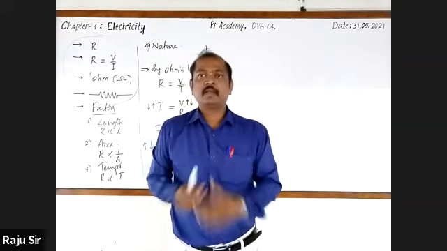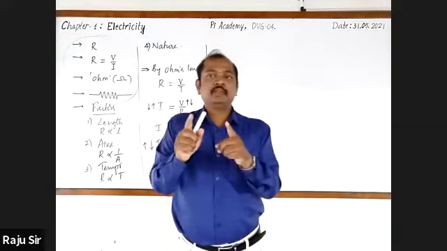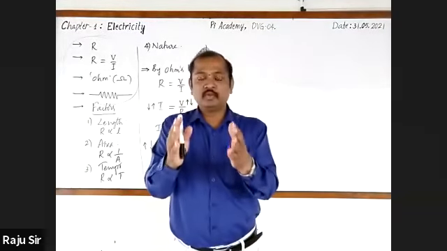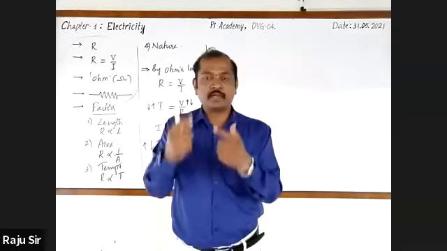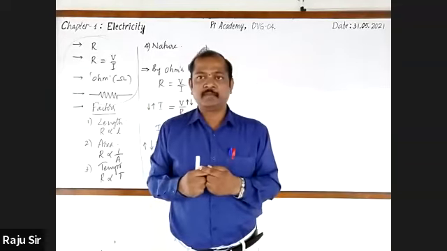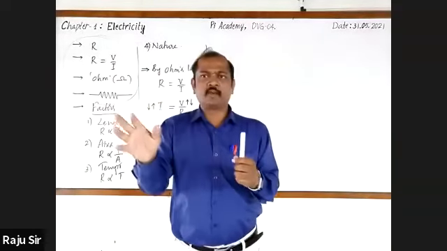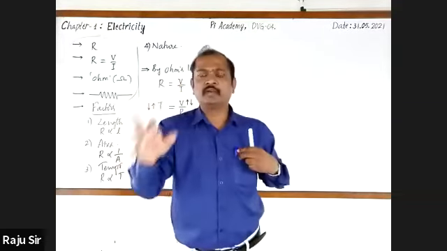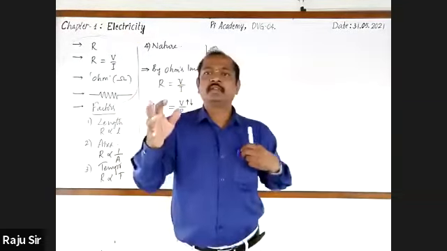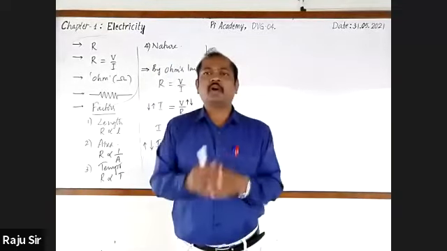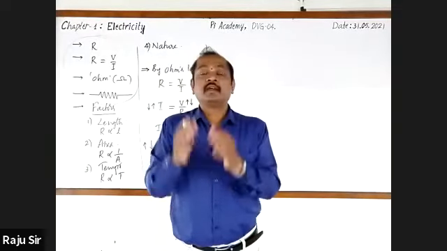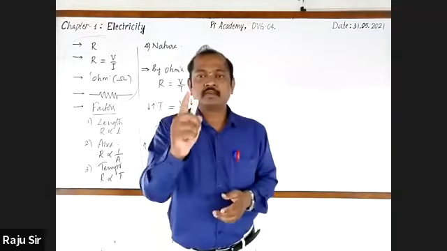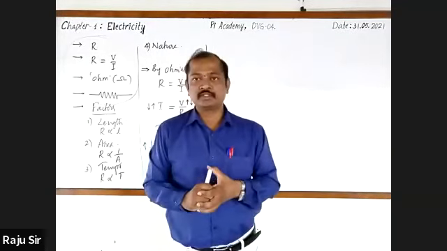Is it not? But you may be thinking, and you also might have noticed, as you are learning the chapter called electricity, all these electrical components, TV, refrigerator, electric oven, electric iron box, then electric bulb, all these are working with a potential difference of 220 volts.